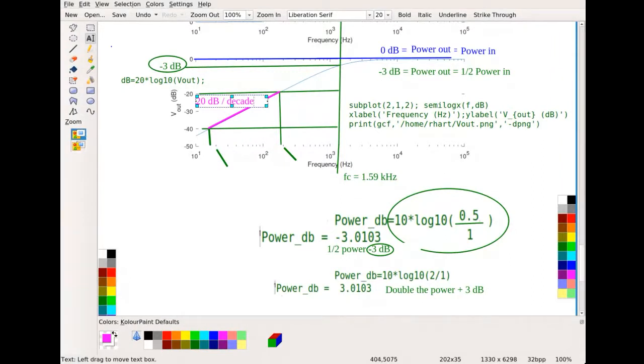Okay, so this is dropping 20 decibels per decade, right? It's going from minus 20 to minus 40 in a factor. A decade is talking about going down from 100 down to 10, or from 1,000 down to 100, okay? And so it's dropping 20 dB per decade.